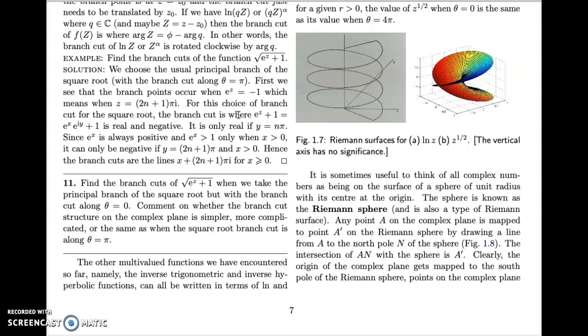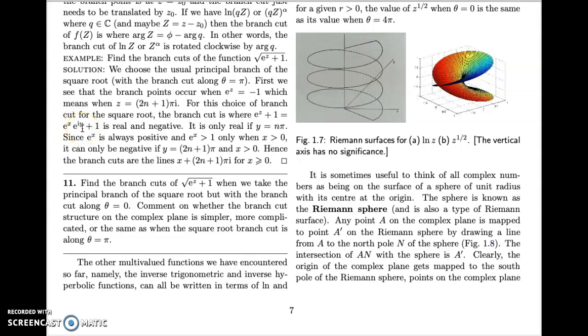So it's where e to the z plus 1, which we can also write as e to the x times e to the iy plus 1, is real and negative. This requires a little bit of thought. Obviously e to the x is always real, so it's only going to be real if e to the iy is real.